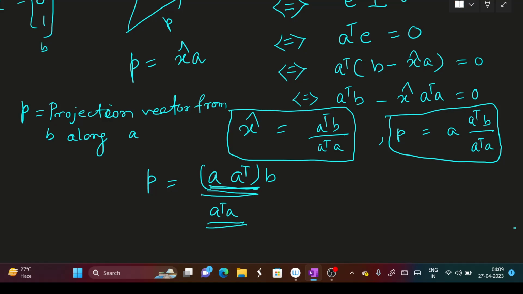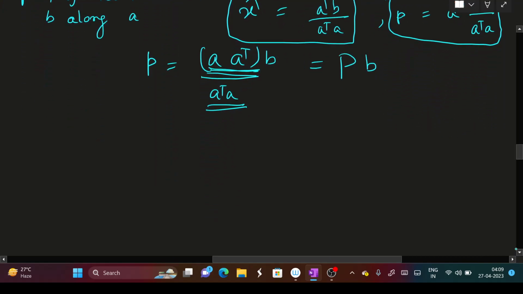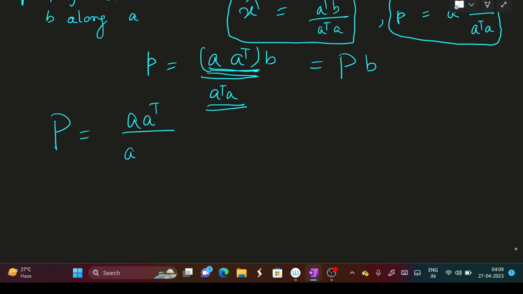A matrix divided by a scalar is a matrix. So this is P into b, where P is equal to a a transpose by a transpose a. Its name is projection matrix.